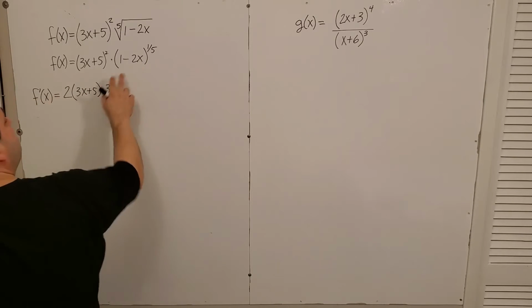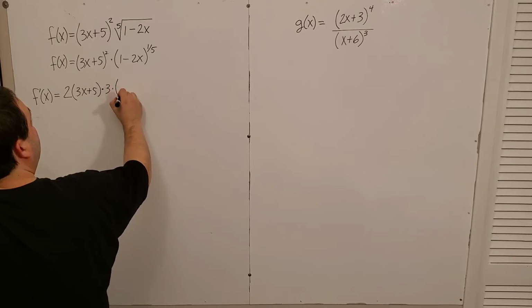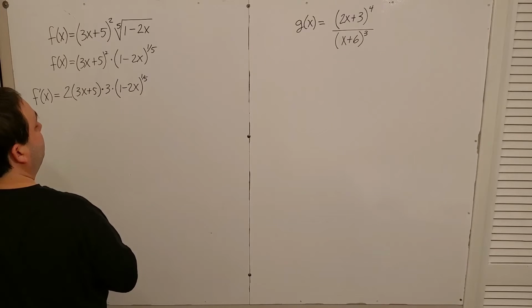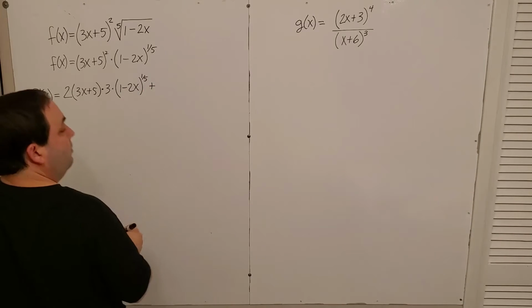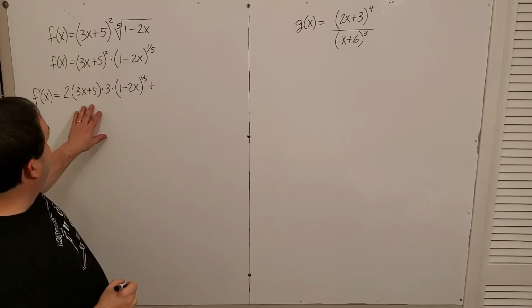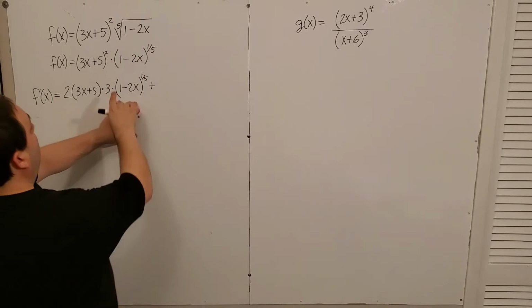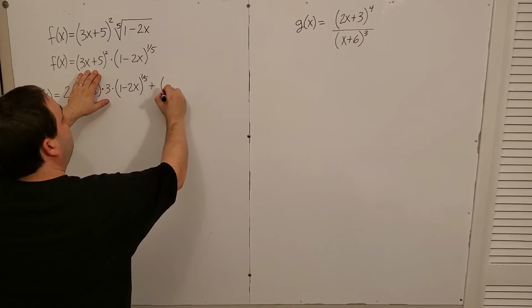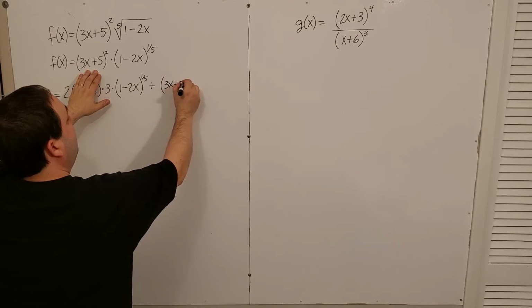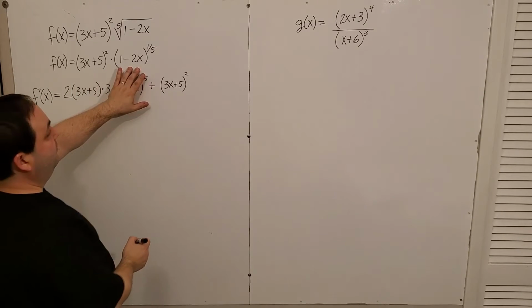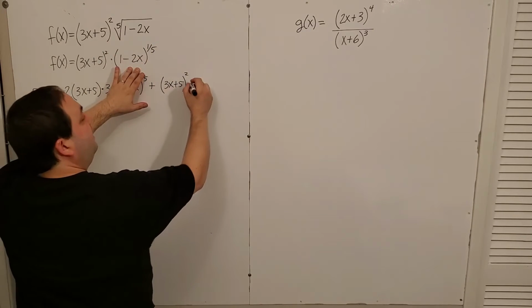And then the other guy is left alone. He's still there. Okay? Plus, remember we're doing a product rule. That was his turn. Left this guy alone. Now, he gets left alone. 3x plus 5 squared. And it's his turn to take a derivative. So I drop the 1/5.